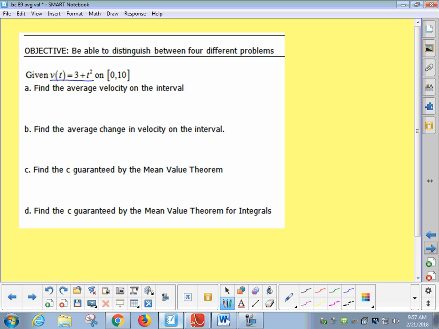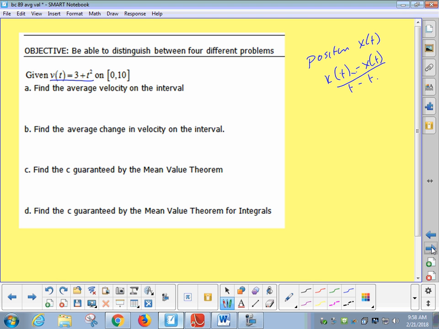If I gave you position, how would you find average velocity on the interval? What's velocity? Change in position over time. So if I gave you position, you would do this. Isn't that average change in position, which makes it average velocity, right?